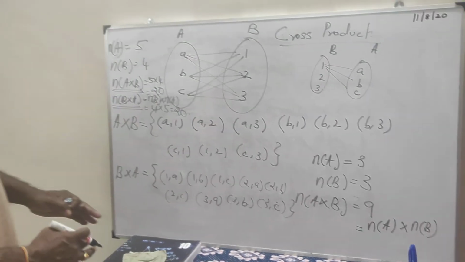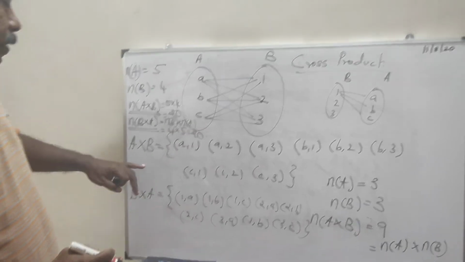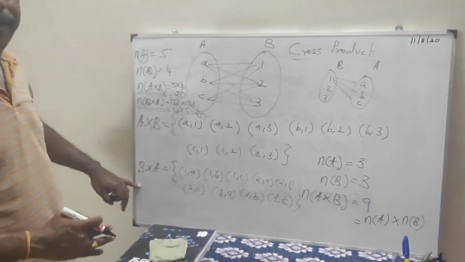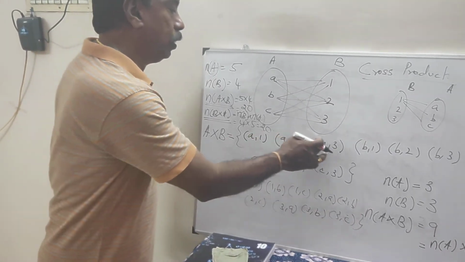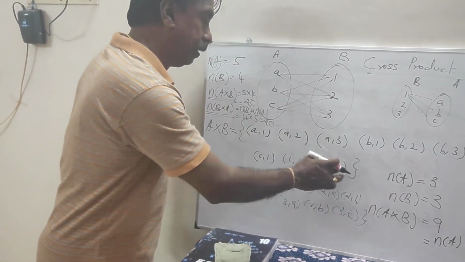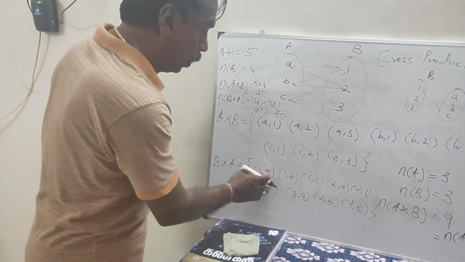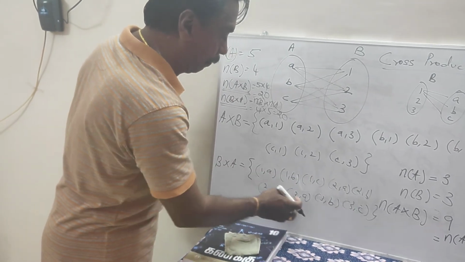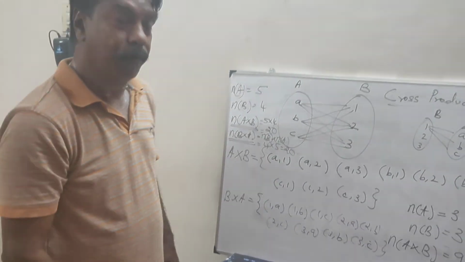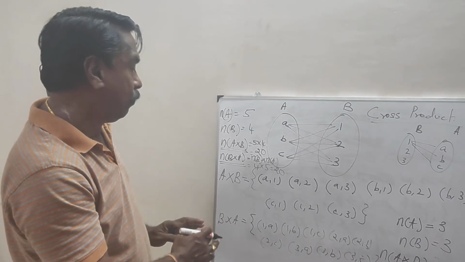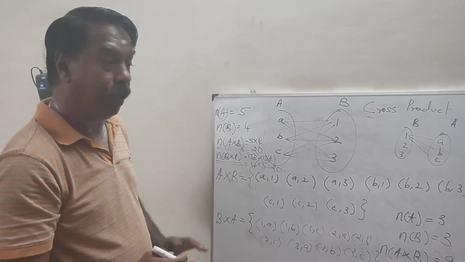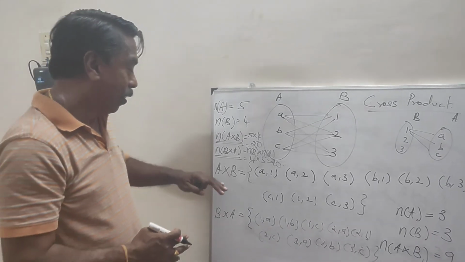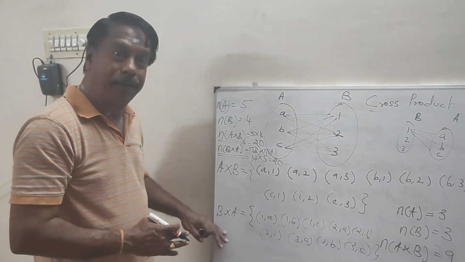Now we come to know that the number of elements in A cross B and B cross A are equal: 1, 2, 3, 4, 5, 6, 7, 8, 9. Here also 1, 2, 3, 4, 5, 6, 7, 8, 9. The number of elements in A cross B and B cross A will be equal, but what about A cross B and B cross A themselves?